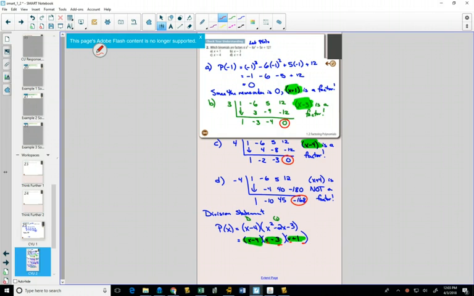This bigger polynomial that we have, the first term is an x cubed, the last term is a 12. Notice all of your first ones, x times x times x, make x cubed. All of your last ones, negative 4 times negative 3 times a positive 1, they make positive 12.